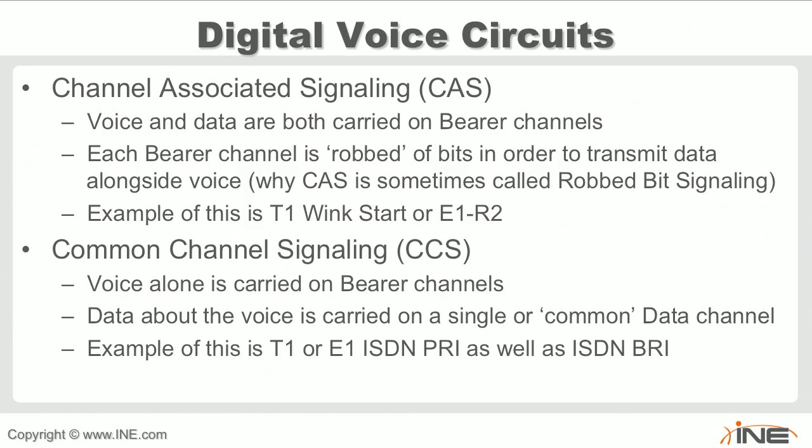A PRI has, depending on whether it's T1 or E1, either 23 or 30 channels of bearer voice and then the dedicated data channel. On a BRI, also known as a basic rate interface, we have 2 voice bearer channels and a single data channel.